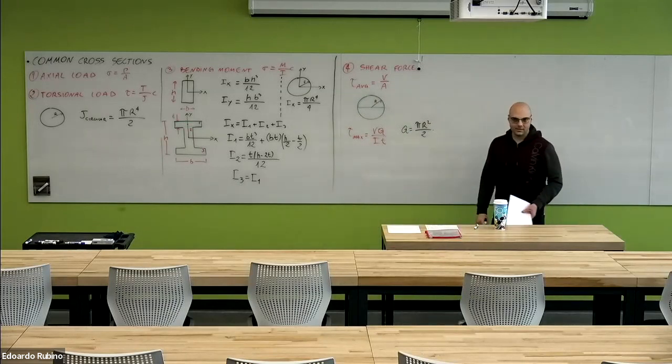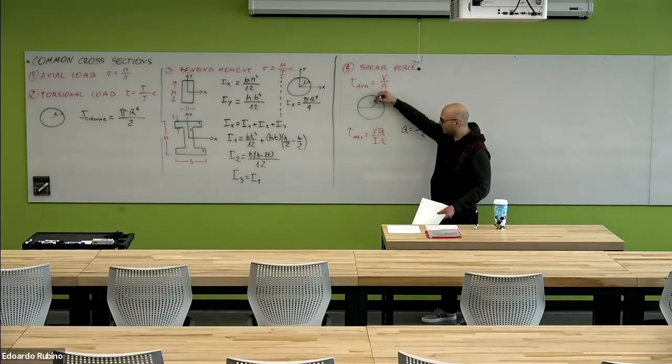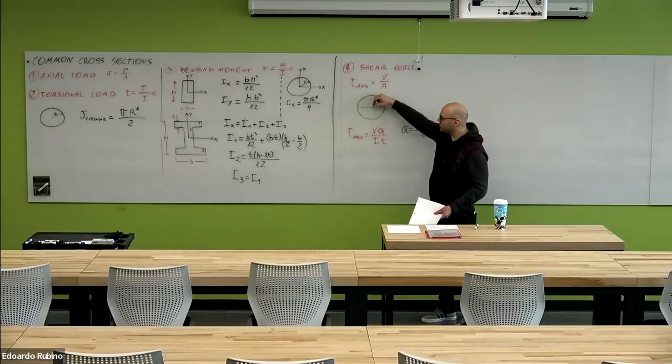And then the distance is the distance between the center of gravity of that portion of the cross section, and the location where we want to determine the shear stress. In this case, it would be the diameter. So the distance that we are looking at would be approximately this distance here.